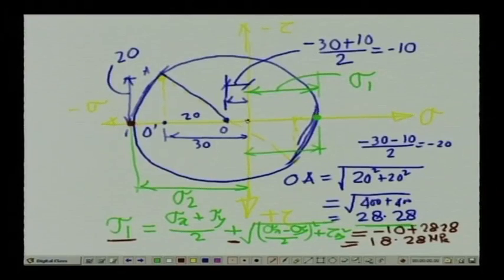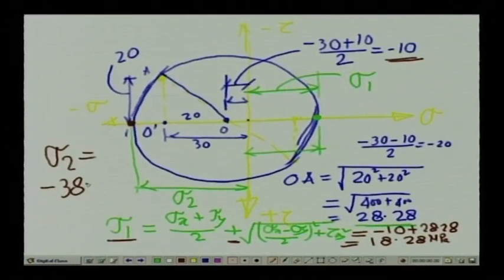So, the distance from here to here is 38.28, and in terms of this equation, (sigma x plus sigma y) by 2 is minus 10, and this radius is 28.28, which is minus. So, in a combined form, sigma 2, the minimum principal stress, is minus 38.28 MPa.